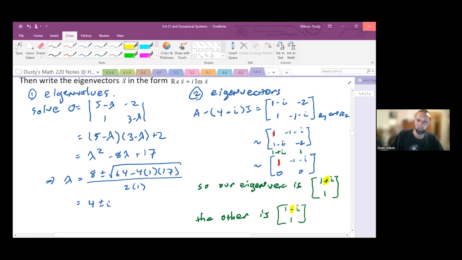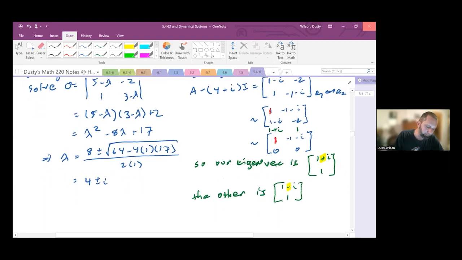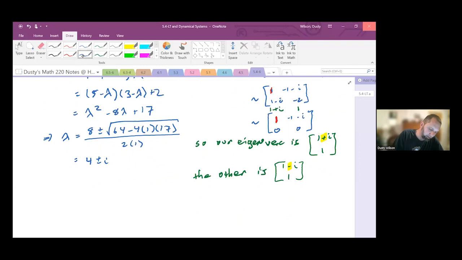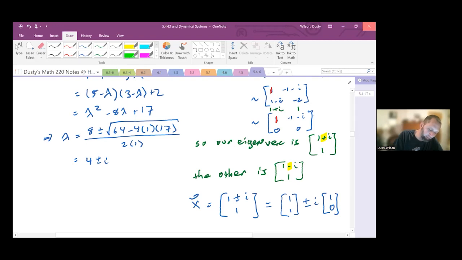So this tells us that our eigenvectors are x equal to 1 plus or minus i, 1, which we could write as 1, 1 plus or minus i times 1, 0. In this case, notice that the plus did indeed match with the plus eigenvalue. We might need that information down the road to know which one was matched with which.